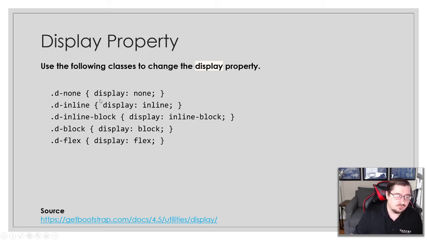So d-none would set it to none, which means the item is invisible. d-inline will make it an inline element. d-inline-block will make it this inline block hybrid. d-block will make it a block element. Remember, those are vertically arranged. And then finally, we've got d-flex, which will change it to a flexbox. This can be very helpful. d-none can also be very helpful for responsive design because it can allow you to hide things. Remember, anything that's set to display none is hidden.